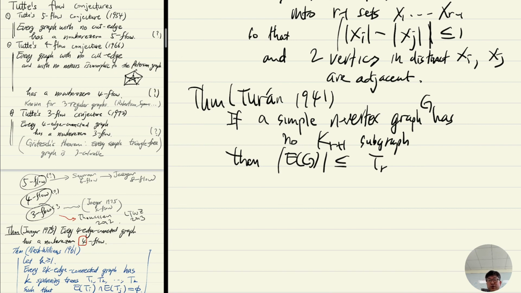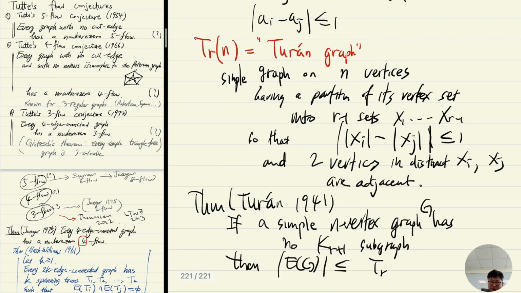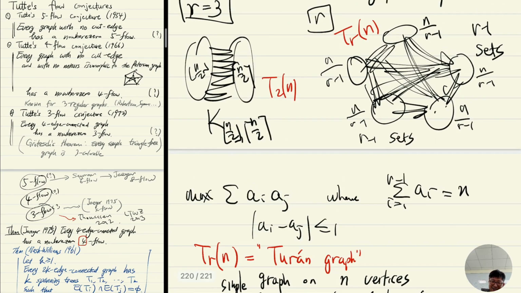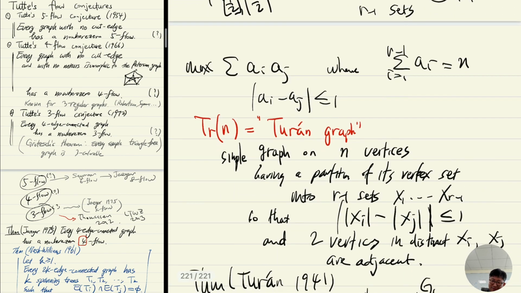Oh, I may have to change the notation. Okay, so yeah, this is T2n, right? This is TR minus 1n. I didn't realize. So it's R sets. Okay.